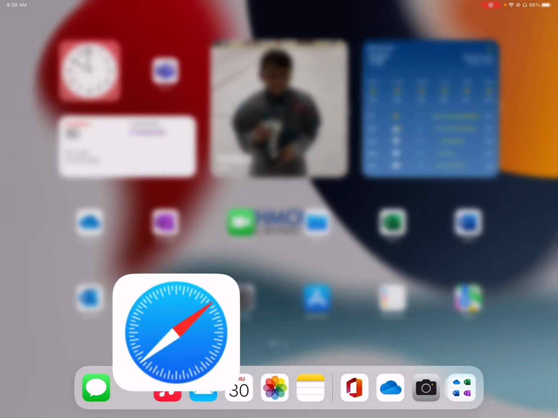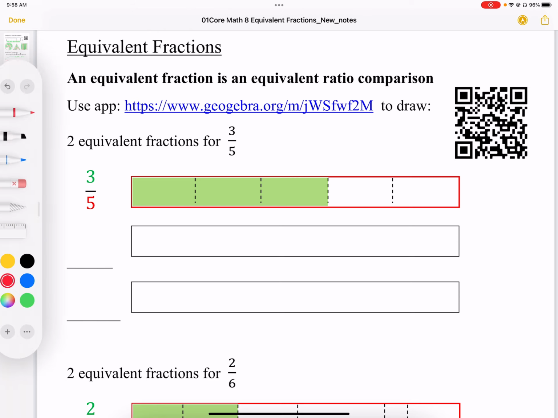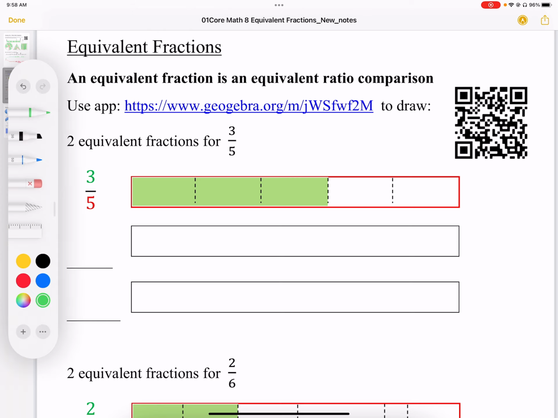So I can go back to my app, or back to my notes here, and I can see that 3 out of 5 can be exactly the same as 6 out of 10. So I can shade out of these. I can divide this into 10 parts. So I'm going to start with the 5 parts the same, and I'm going to times everything by 2.